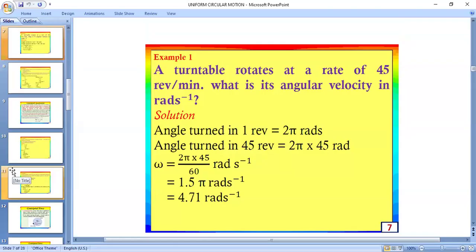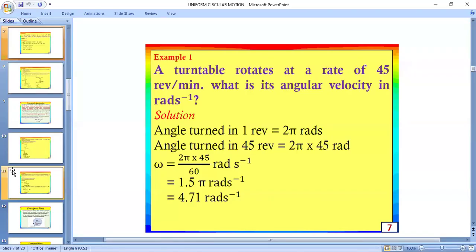It says a turntable rotates at the rate of 45 revolutions per minute. What is its angular velocity? So 45 revolutions per minute is actually the frequency, but we need to express it in revolutions per second. So 45 revolutions take 60 seconds.